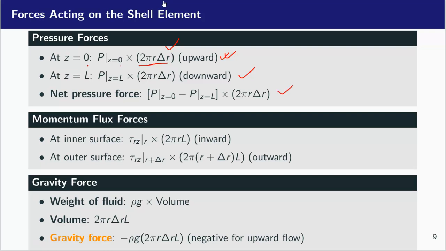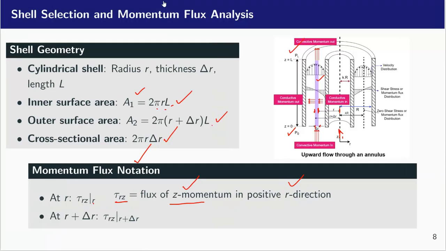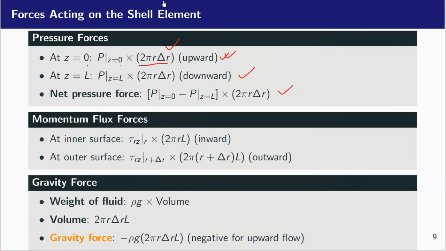Now the momentum flux, which we already know: tau rz acting at r is equal to r and r plus del r. So that is tau rz at r into 2 pi r L, and it will act on the inner surface inward.